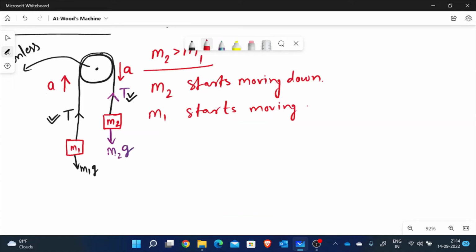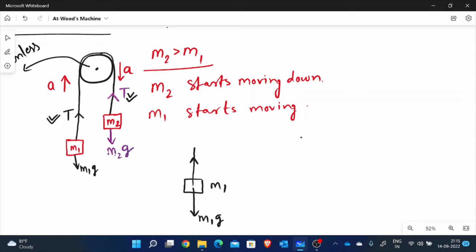Let us now draw the free body diagram to find out the tension and the acceleration of the masses M1 and M2. In case of a free body diagram, first of all, we have to visualize all the forces acting on the masses M1 and M2, and later on we have to treat them as independent systems. So here M1 is now one independent system on which the tension is acting upward and M1G is acting downward.